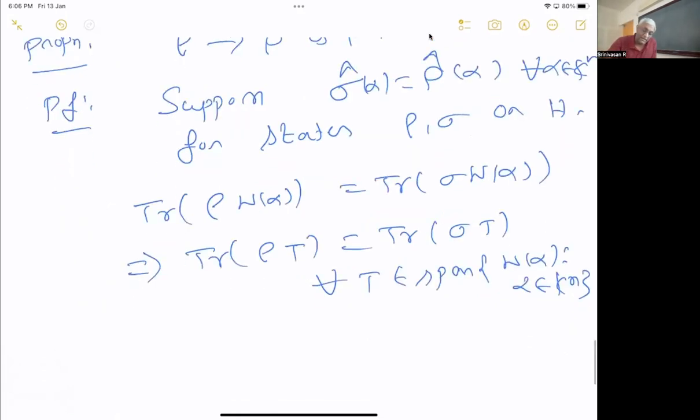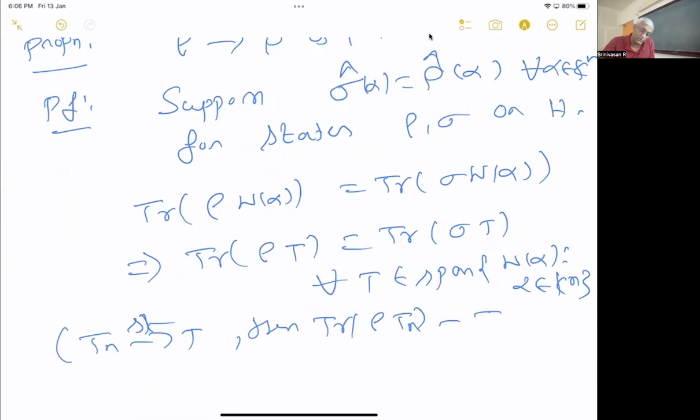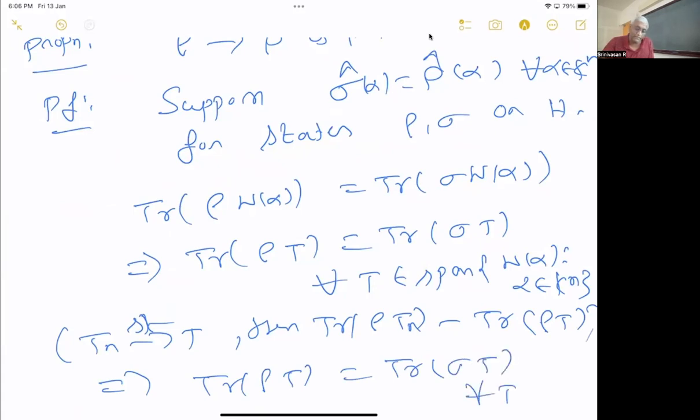Now we have proved the following. If Tn converges to T strongly, then trace of rho Tn converges to trace of rho T. This was the assignment. Because of this, trace of rho T is equal to trace of sigma T for all T in B of H, because the strong closure of the span of Weyl operators is everything.